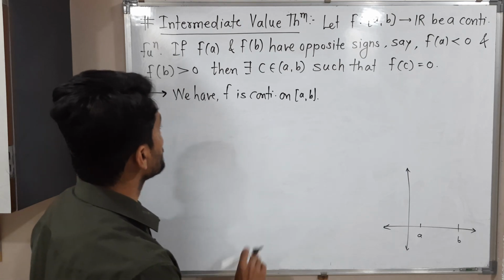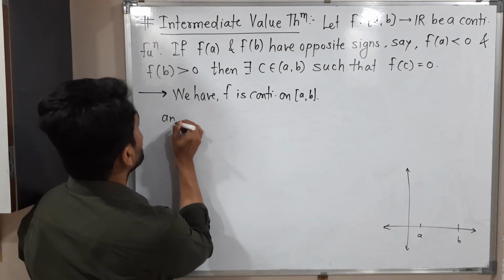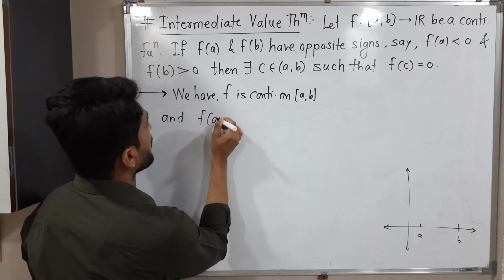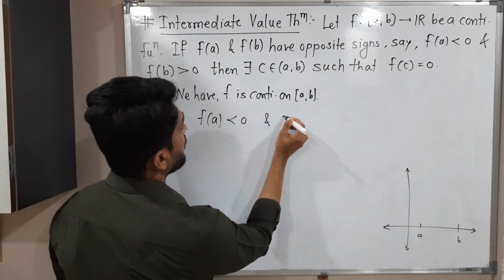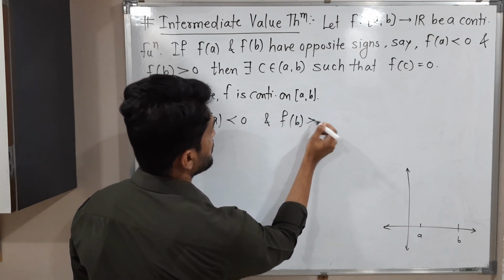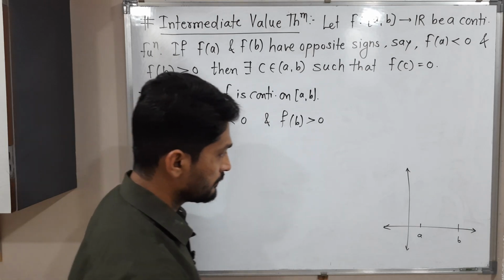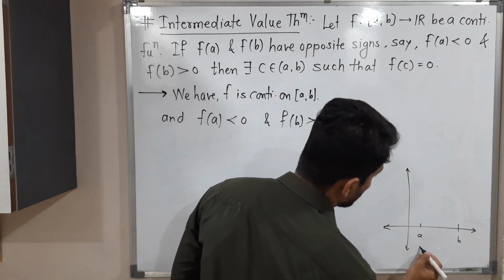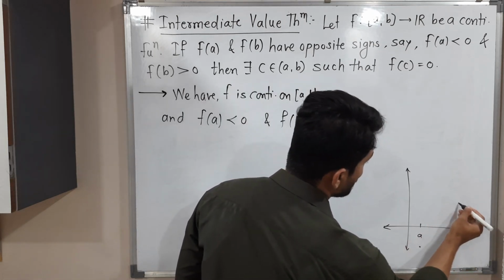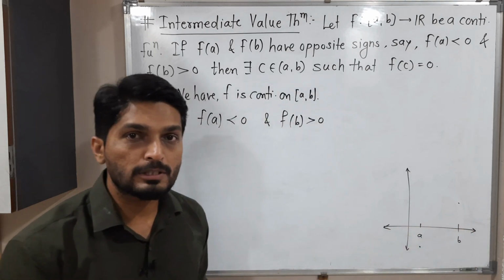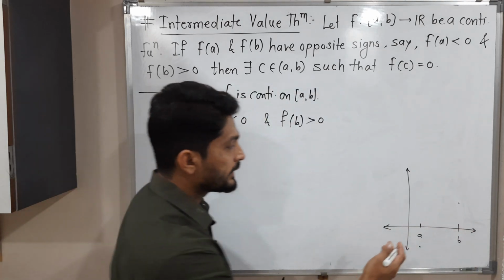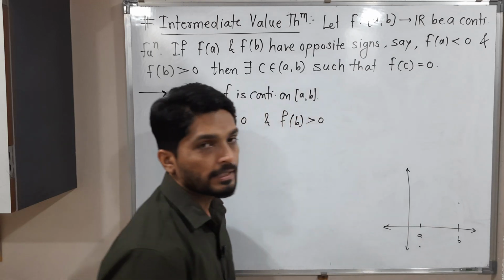The second information is f of a is negative and f of b is positive. At a, the function has a negative value and at b, the function has a positive value. Negative means below the x-axis, positive means above the x-axis.